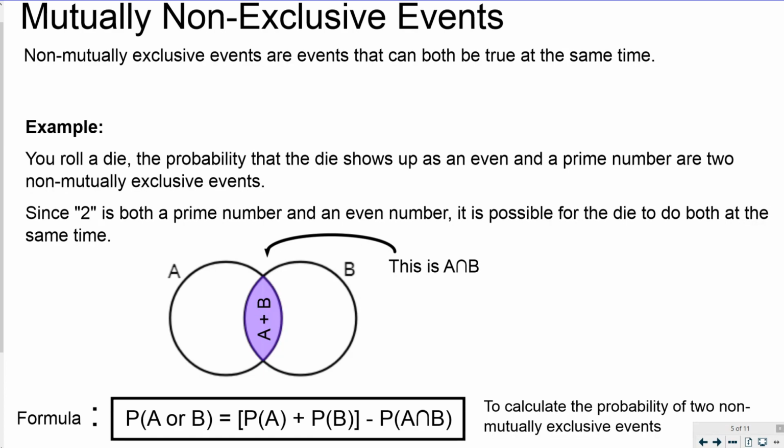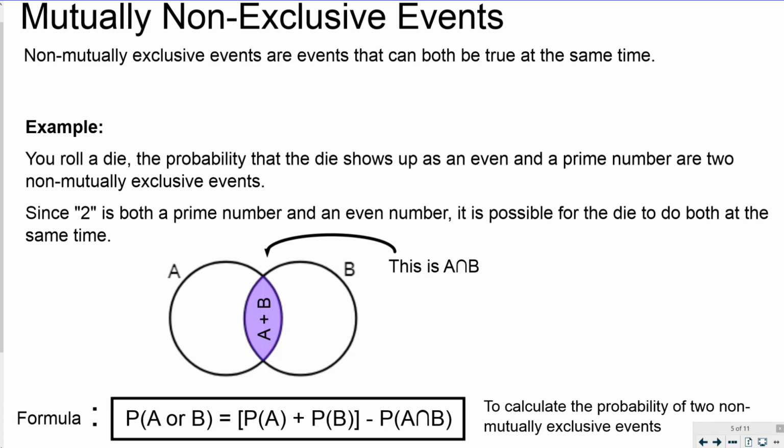I'll say that again. For two non-mutually exclusive events, you are adding the probabilities of both, but you have to take out the probability of them happening simultaneously.